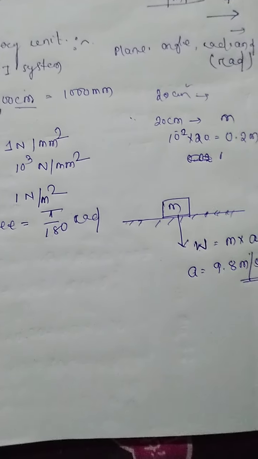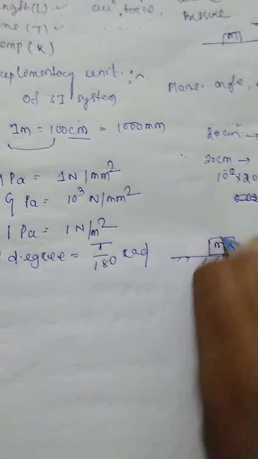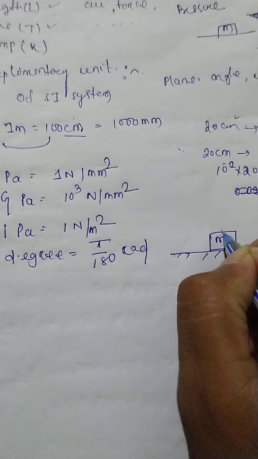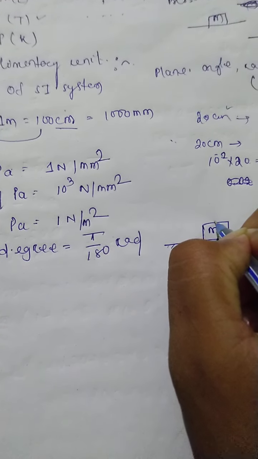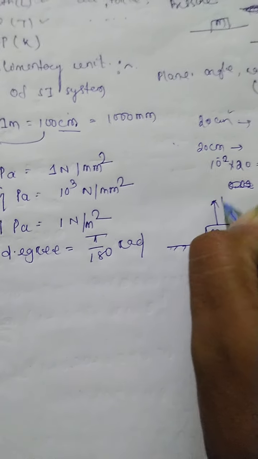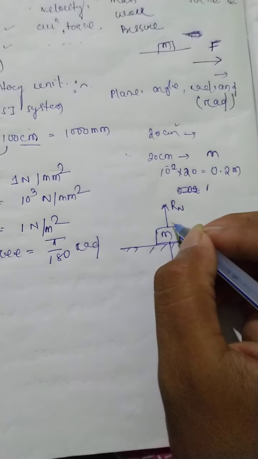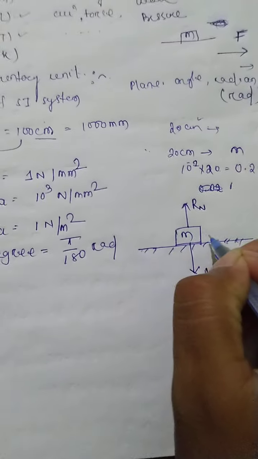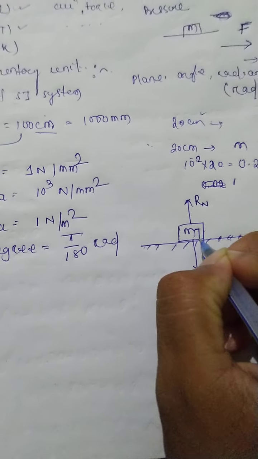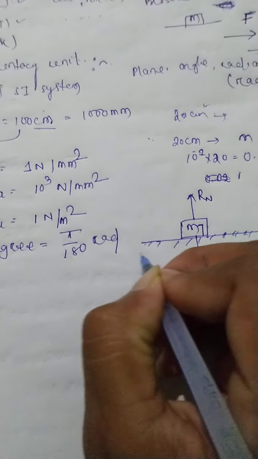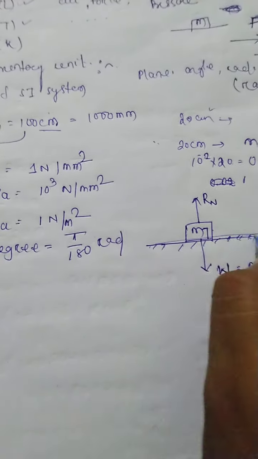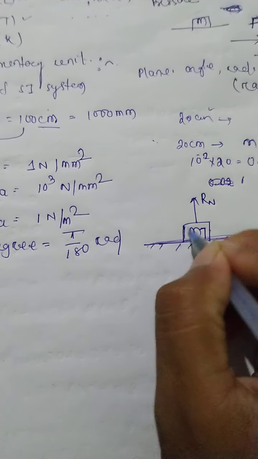Then here a force is also produced, which is called the normal reaction. This always makes 90 degrees to the surface where the body is placed.